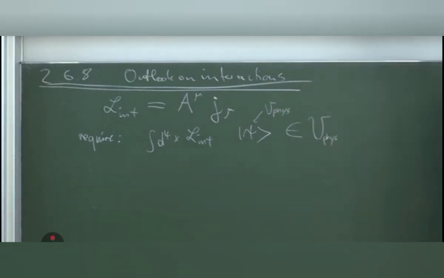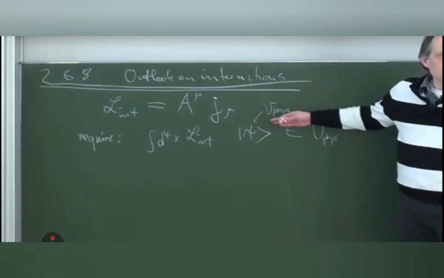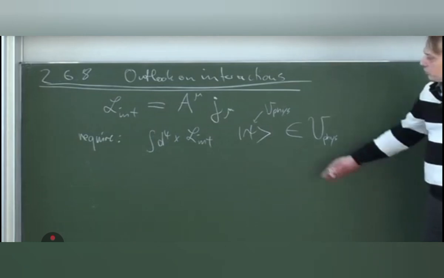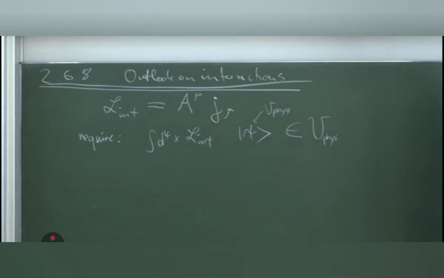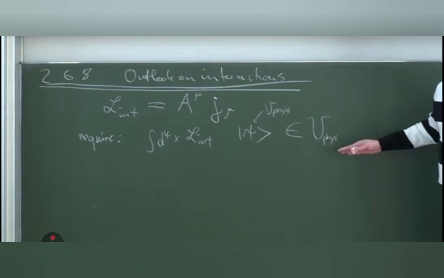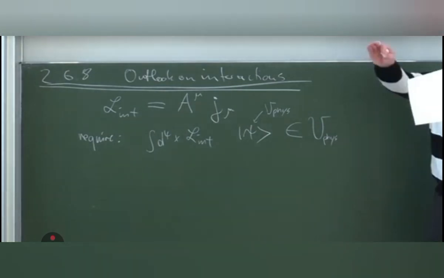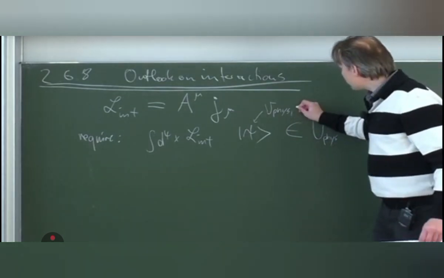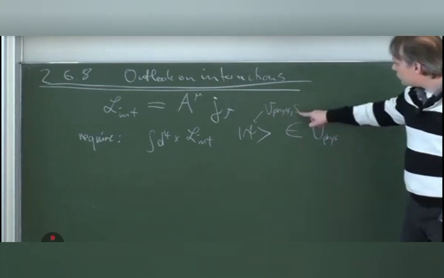So if you start with a physical state and you let the interactions do their job, then you still end up with a physical space, and the interactions do not lead out of the space of physical states, because that would ruin our interpretation of the theory.